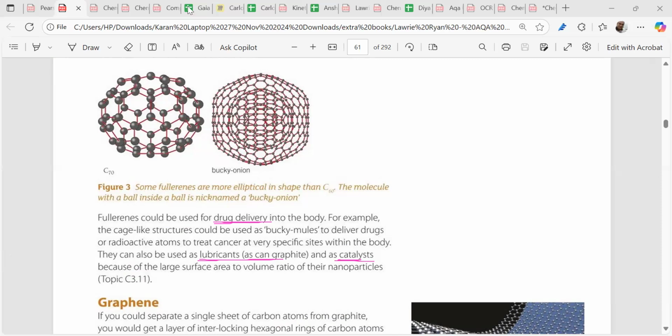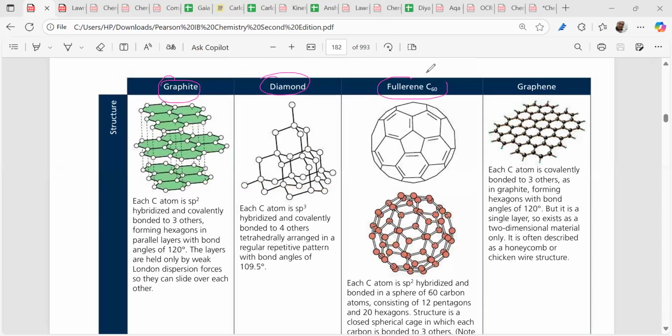So if we go back to this portion, when we talk about the allotropes of carbon, we have graphite, diamond, fullerene, and graphene. And fullerene is a molecule, with a fixed number of atoms. But all these others are not molecules because they don't have a fixed number of atoms.